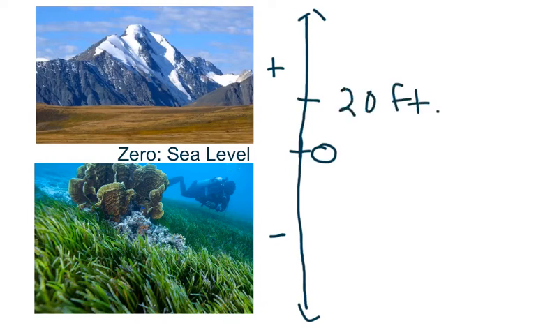You're going to climb above sea level, so that's positive 20 feet. Or let's say that you're a scuba diver and you're going to go down into the ocean. You're going to go below sea level, let's say 50 feet. If you're going to go down below sea level, that's going to be negative 50 feet.